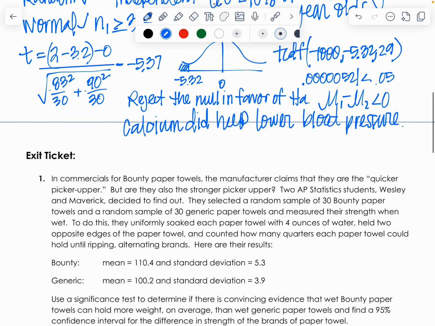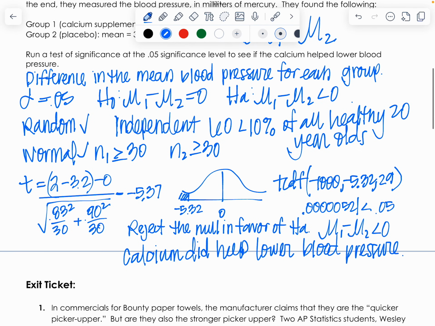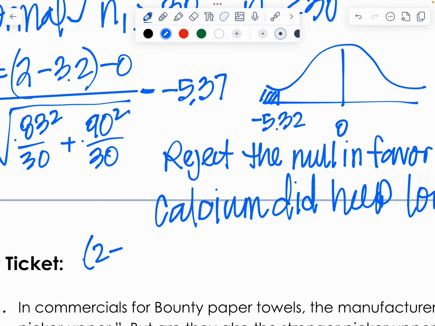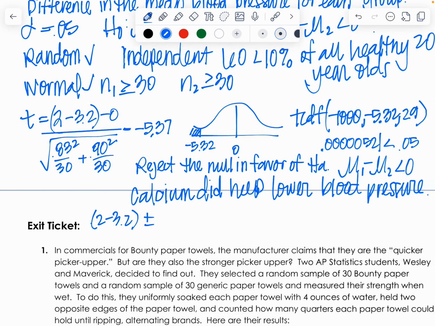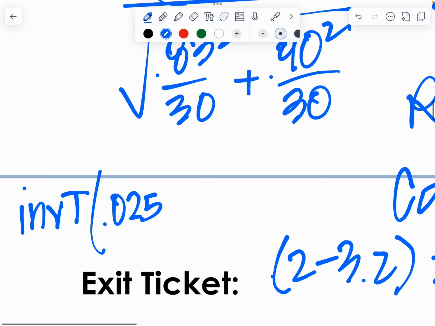All right, now let me see here. Okay, so in the practice, I do have you do a confidence interval, so we are going to do one just as good practice. So remember, you take the difference between your sample means, so 2 minus 3.2, plus or minus our t-score. Here, I'll write my inverse t with 0.025 because it's a 95% confidence interval, and 29 is my degrees of freedom.